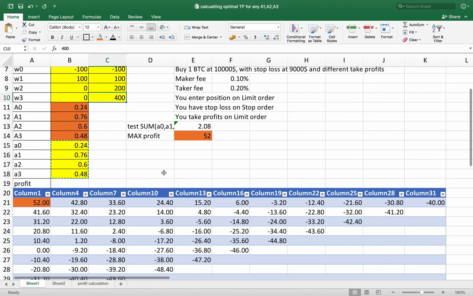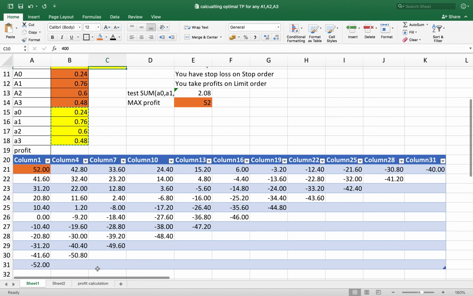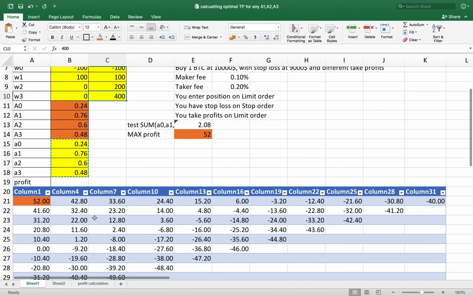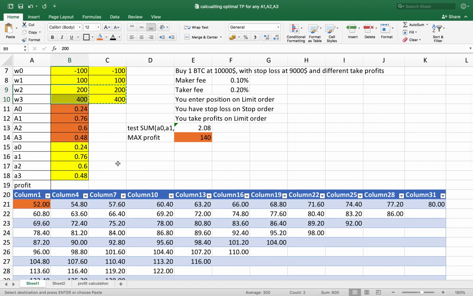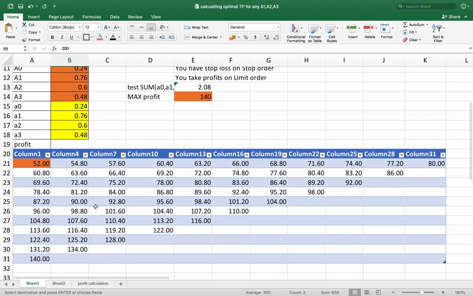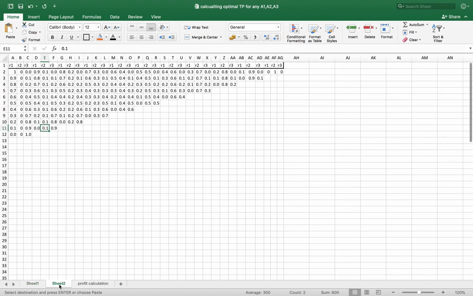So this is why I have this table here. What it does is calculate the best ratio to take profits, and it's quite complicated. You don't really have to use it. This is really for you if you're taking profits at different terms.